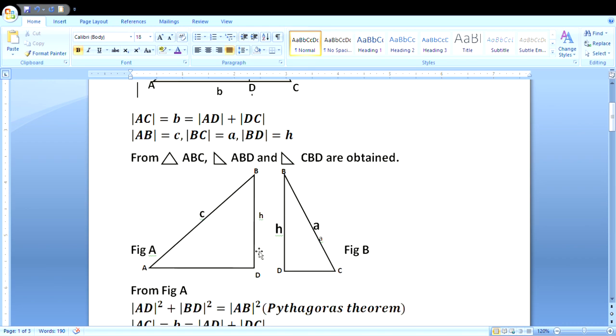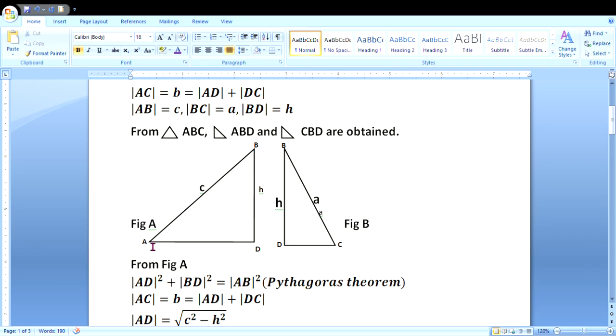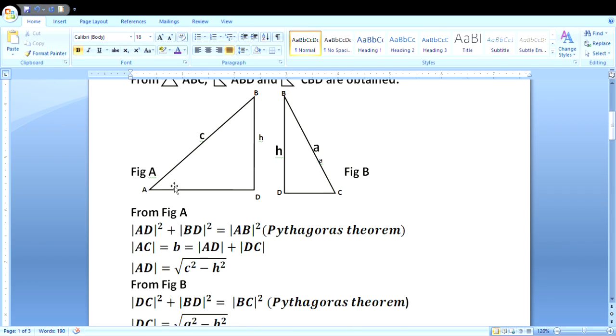Here we will use Pythagoras theorem to obtain AD and DC. From figure A, AD square plus BD square is equal to AB square. Here, AB is the hypotenuse of triangle ADB. This is a right angle triangle, which means the angle at D is 90 degrees.